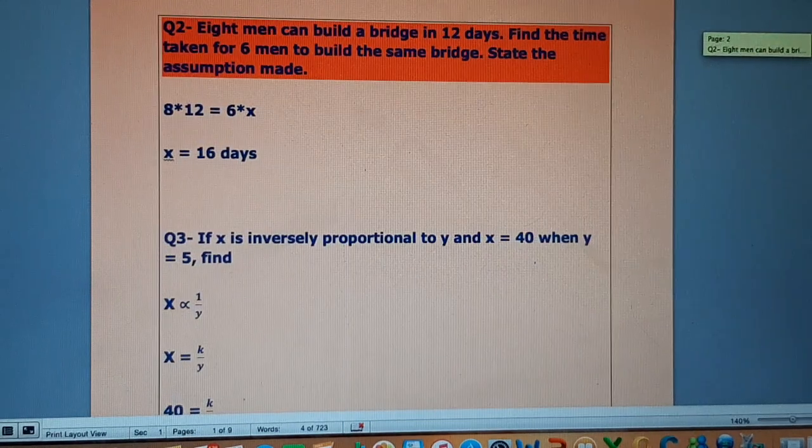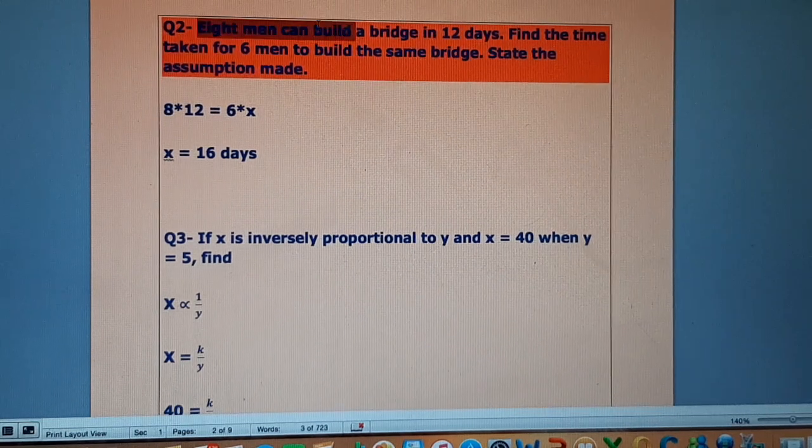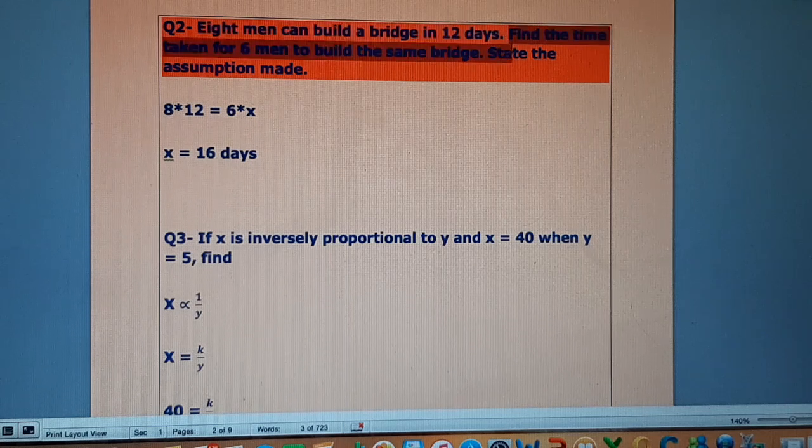In question number 2, 8 men can build a bridge in 12 days. Find the time taken for 6 men to build the same bridge.